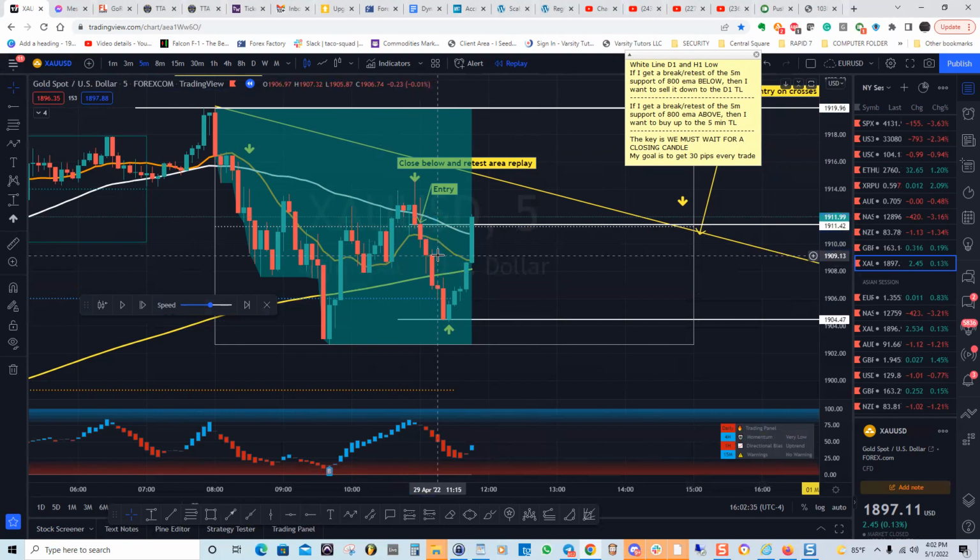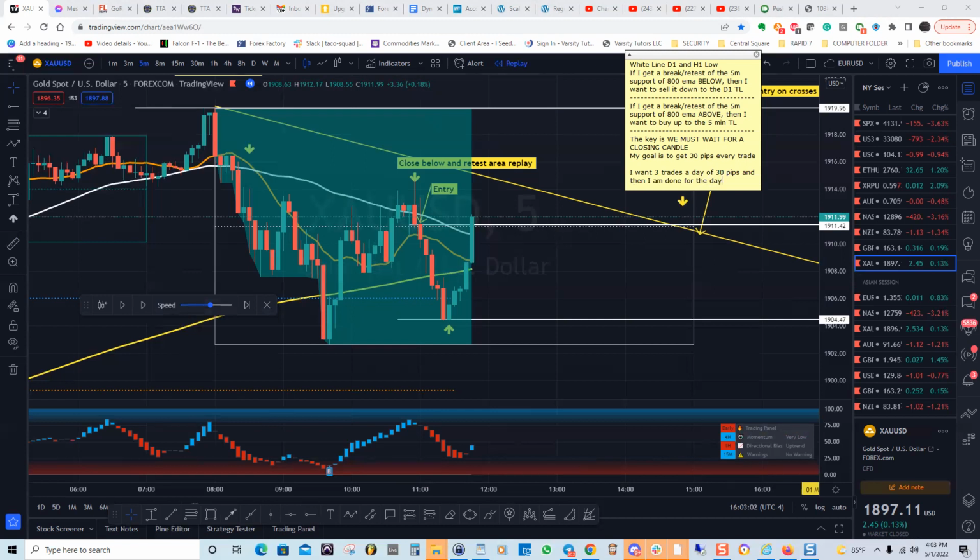So what you want to do is this. Four trades a day is being greedy. I get 3 trades a day of 30 pips, and then I am done for the day.